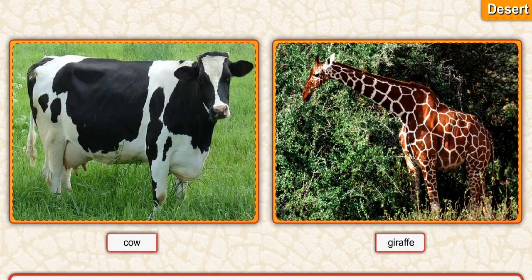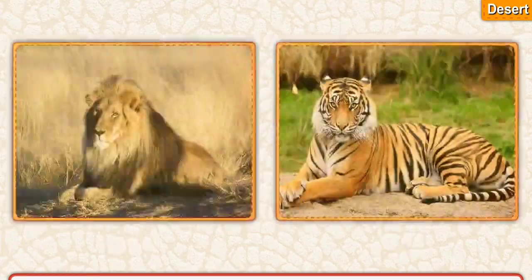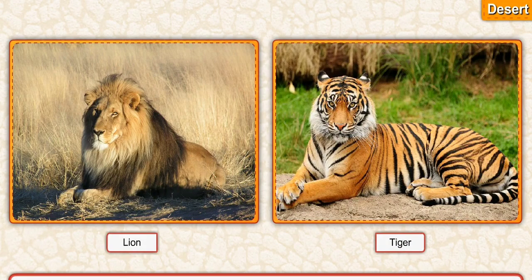Herbivores like cows and giraffes have sharp front teeth to bite leaves or grass and strong broad teeth to chew the food well. Carnivores like lion and tiger have sharp and pointed teeth to tear the flesh.